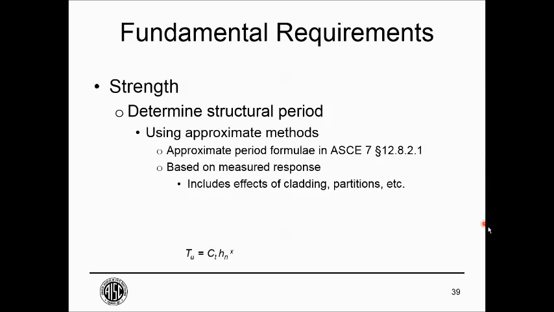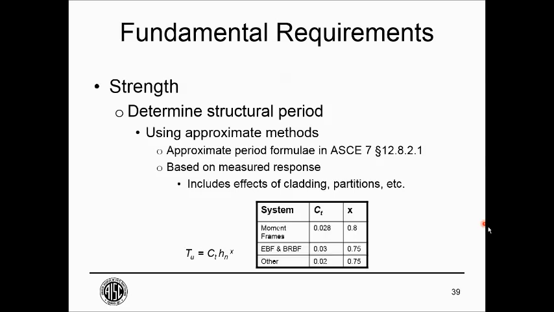Here's the approximate period equation. The approximate period T sub A is a function of C sub T, the height of the structure, and this exponent x. The C sub T and x are different for different systems. So you can see that other systems, such as a concrete shear wall, tend to be very stiff, whereas a moment frame could be fairly flexible compared to that shear wall system.